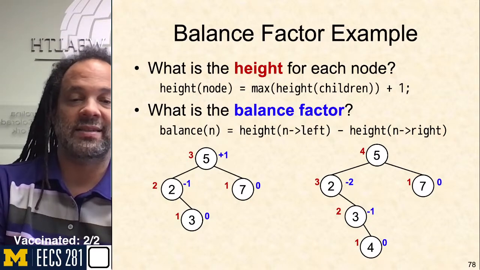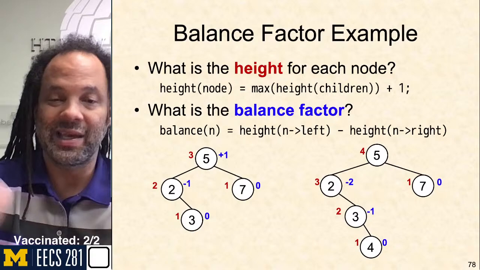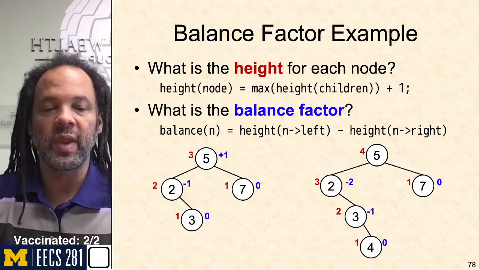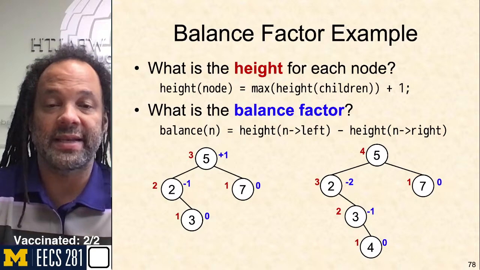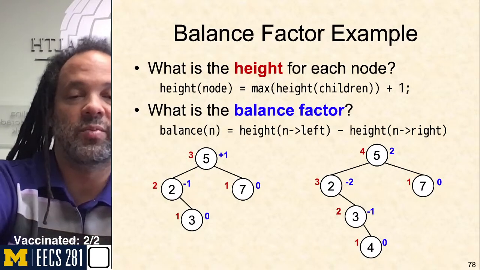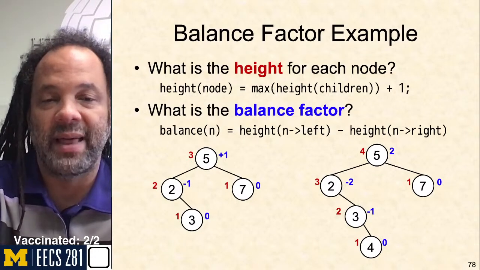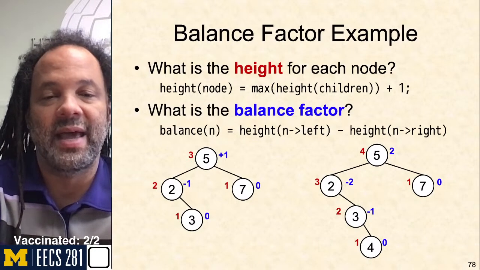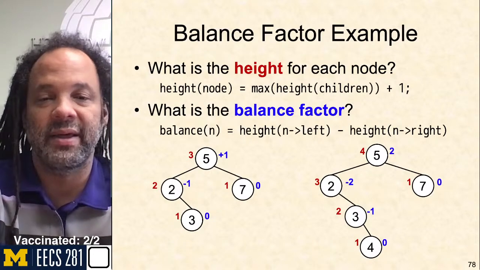It's got an empty left-hand side and a 2 height right-hand side, so 0 minus 2 is a -2. As we work our way up the tree, we see that 5 has a 3 height left and a 1 height right, so that's a +2 balance factor. Both of those nodes are now out of balance. So I've got a non-compliant AVL tree. The height balance property has been violated.